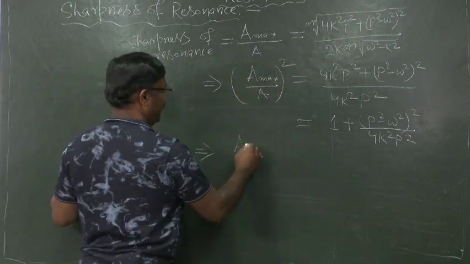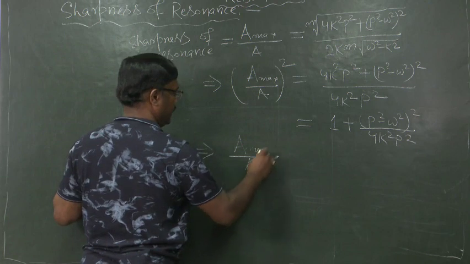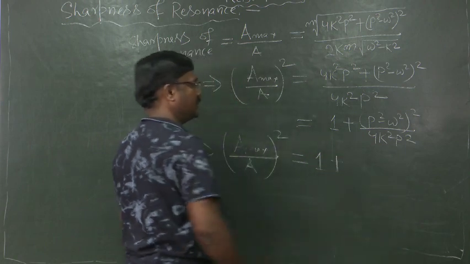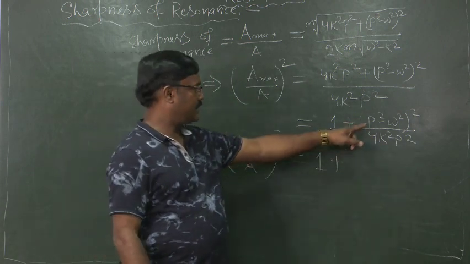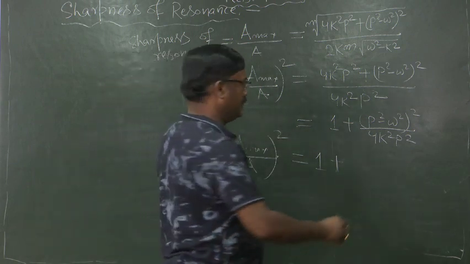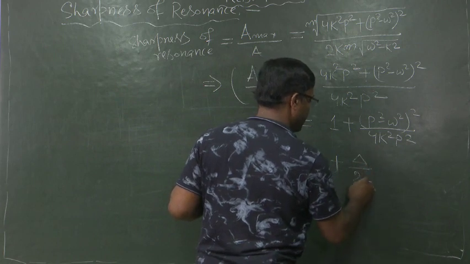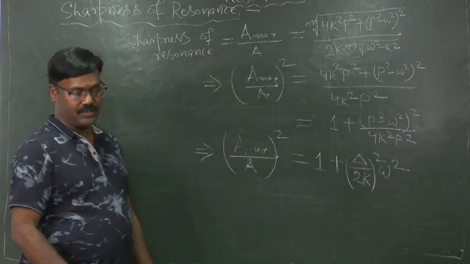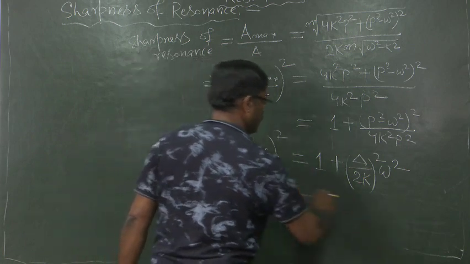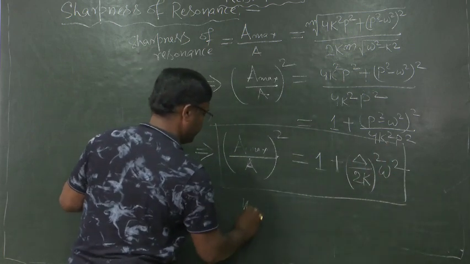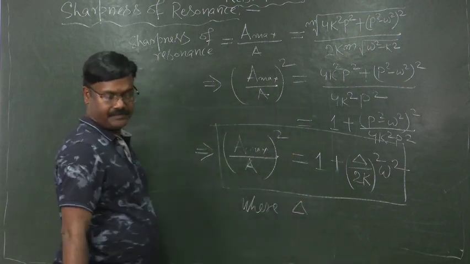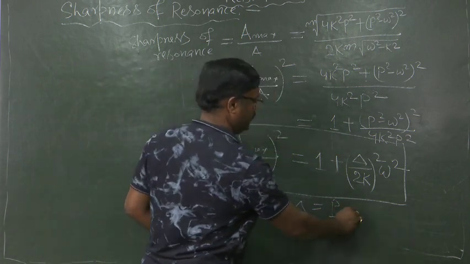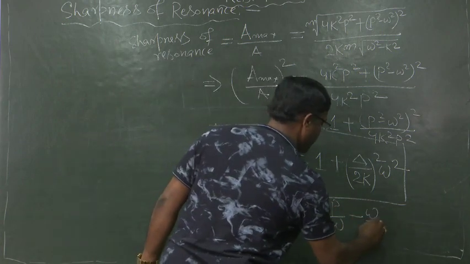So (A max by A) whole square is equal to 1 plus (δ by 2k) whole square into ω², where δ is equal to p by ω minus ω by p.